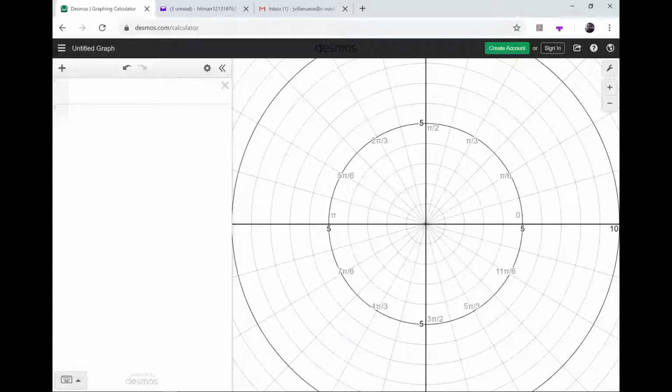So if I were to tell you that I had a polar coordinate of 2 comma pi over 6, then it would be somewhere, where is that? 1, 2. I don't know if you can see where my mark is, but that would be about 2 comma pi over 6 right here. If there was a coordinate like 3 comma 5 pi over 6, then that would be right here.